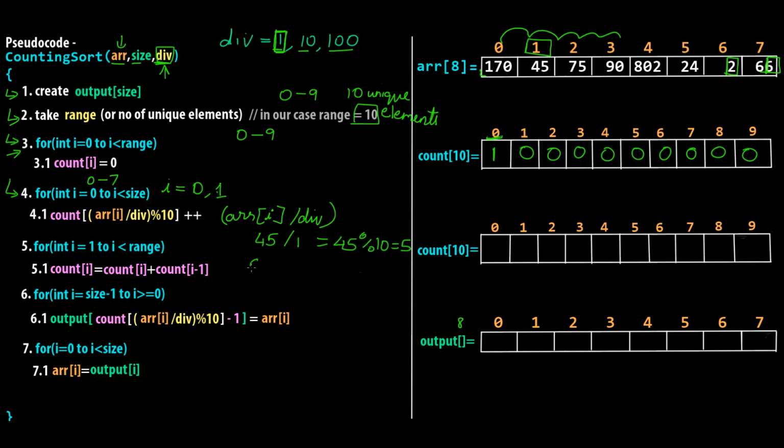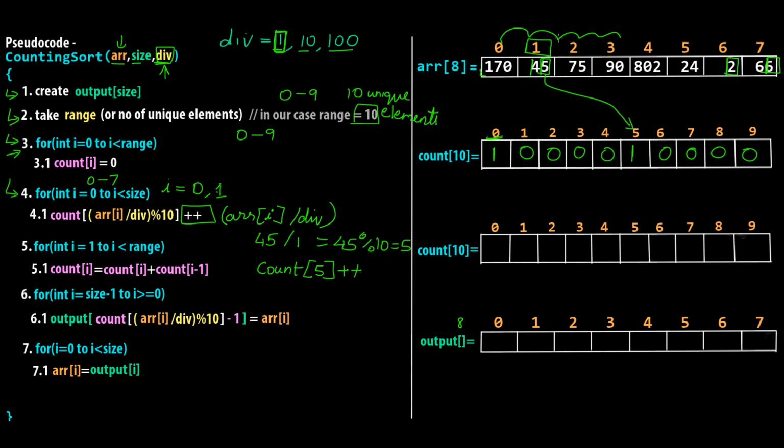So ultimately it is saying count of 5 plus plus. Remember, there is a plus plus over here. So we take this number, we only take the LSB, that is the units place, for the first iteration of counting sort. We come to this 5 index position in the count array and we make it plus 1.